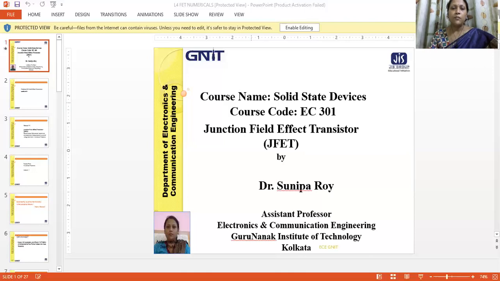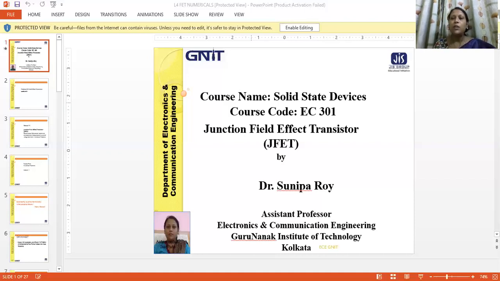The gain of the first stage is AV1 and the gain of the second stage FET is AV2. So the overall gain is the multiplication of these two. And the input impedance is RG1 and the output impedance equals RS2.